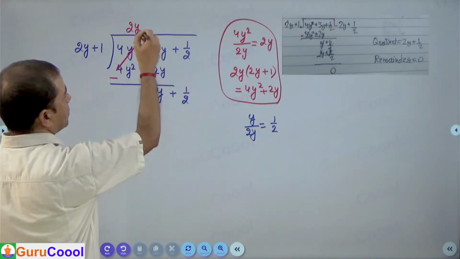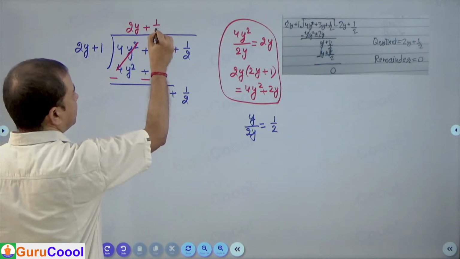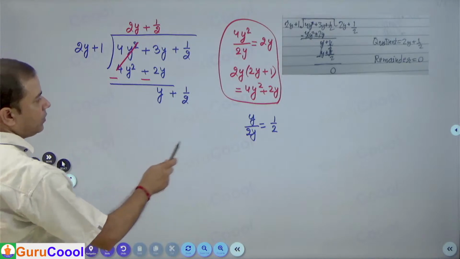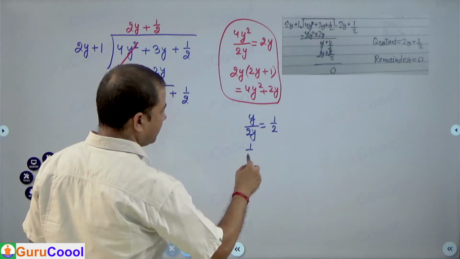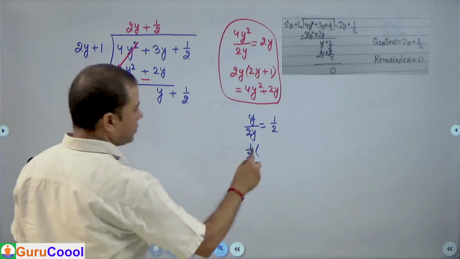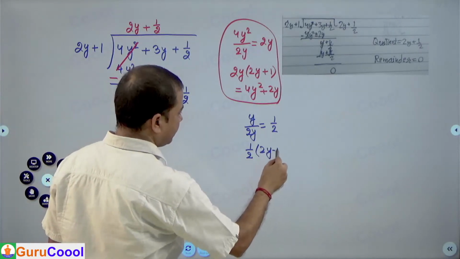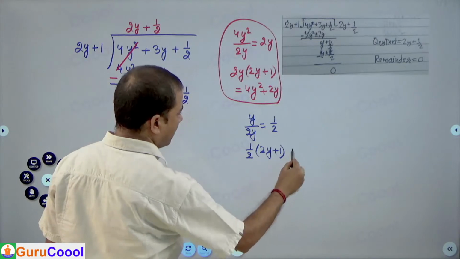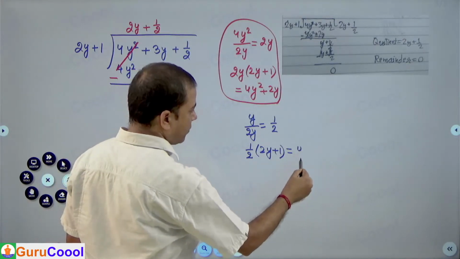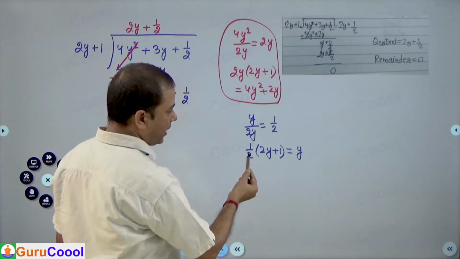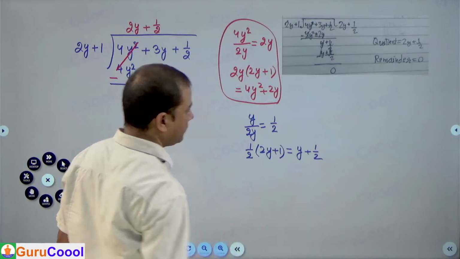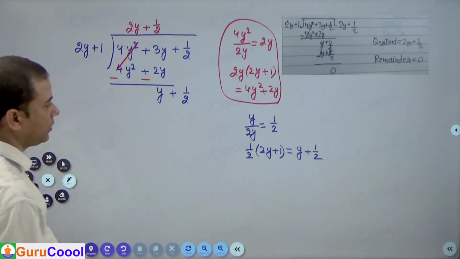It goes in the quotient here, plus 1 by 2. And now 1 by 2 is multiplied with divisor 2y plus 1. So 1 by 2 times 2y is how much? Y. 1 by 2 times 1 is how much? 1 by 2. We get y plus 1 by 2.